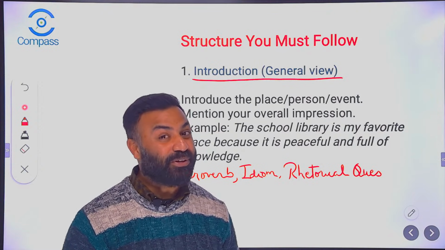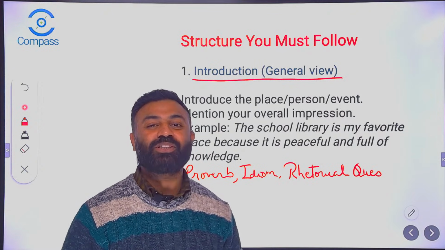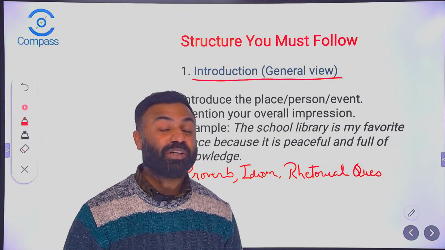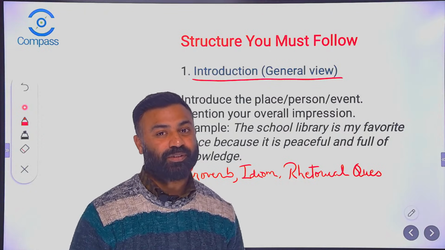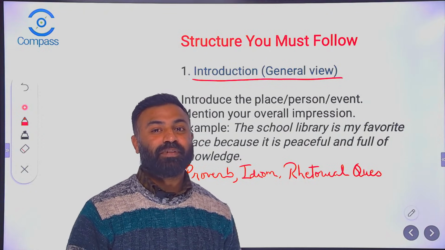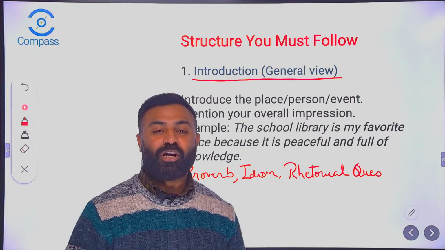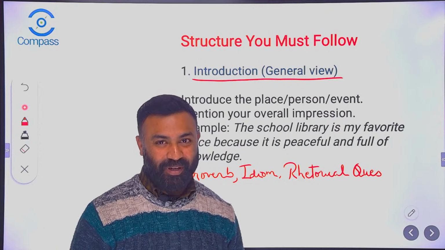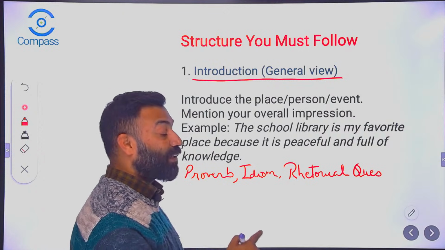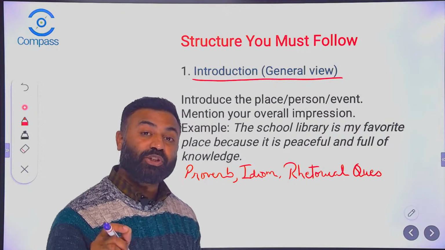Your father asked you a rhetorical question. Does money grow on trees? And then you did not have any answer to that question, but you understood the message. That means father simply means that he would not give you any money right now. Okay, so yes, you can also begin with a rhetorical question relevant to your topic.